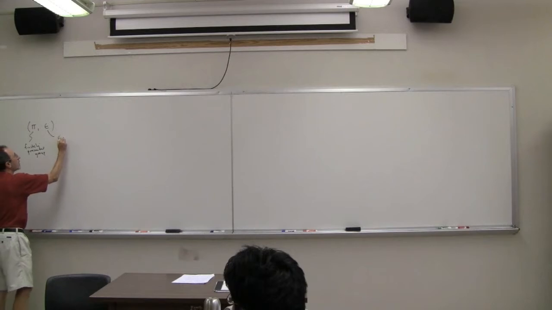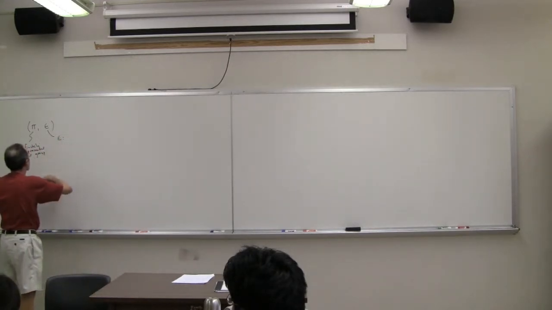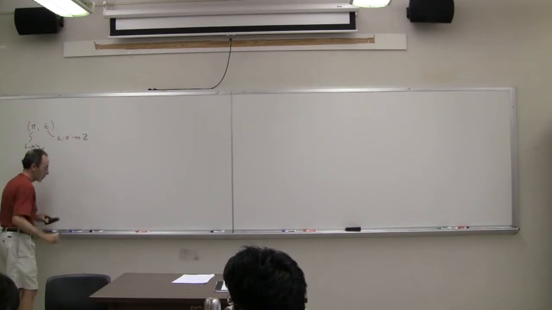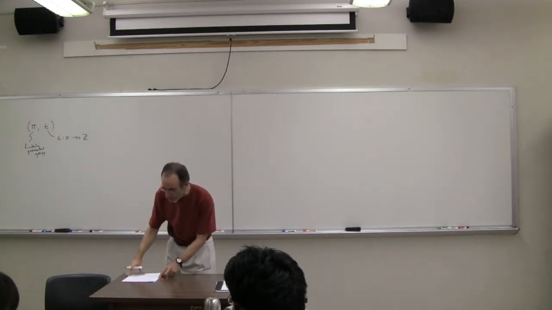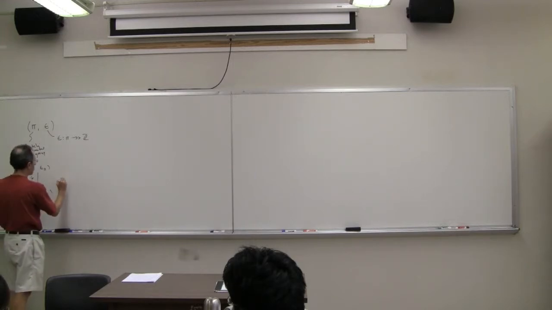Well, as before, it's a homomorphism from the group pi onto Z, which you can think of as generated by t. And there's a category here. You can think of these as objects, and a morphism from one to the other is a homomorphism.